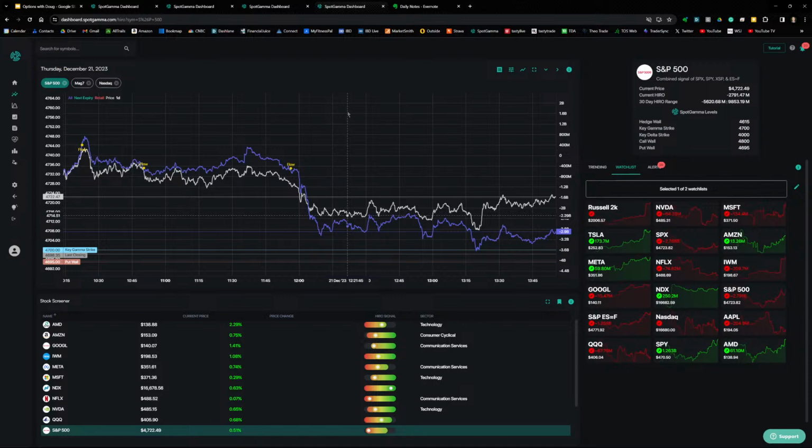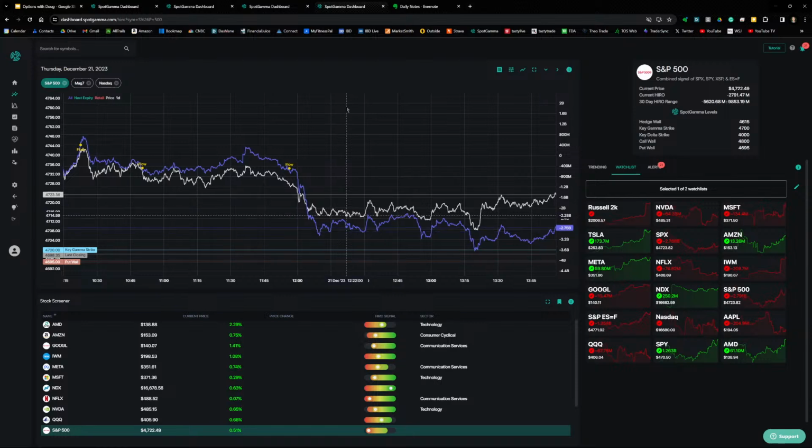So I'm going to start with the S&P 500. Let's see what options traders are doing today. So this is the hero signal for the S&P 500. Everything that we've looked at so far, other than Bookmap, is based on static data. As I mentioned before, SpotGamma takes open interest data that's updated once a day, sometime during the night.